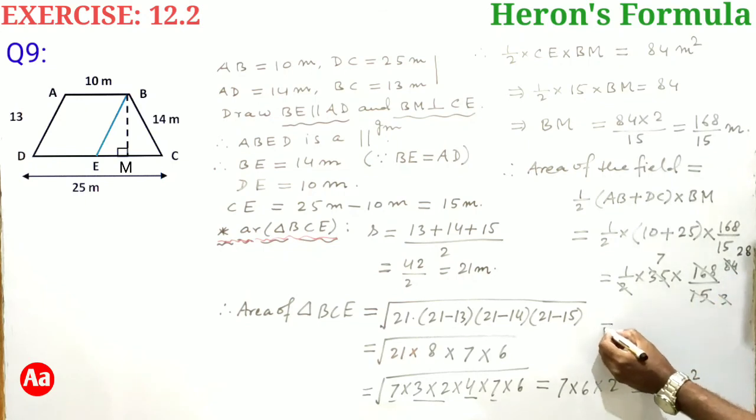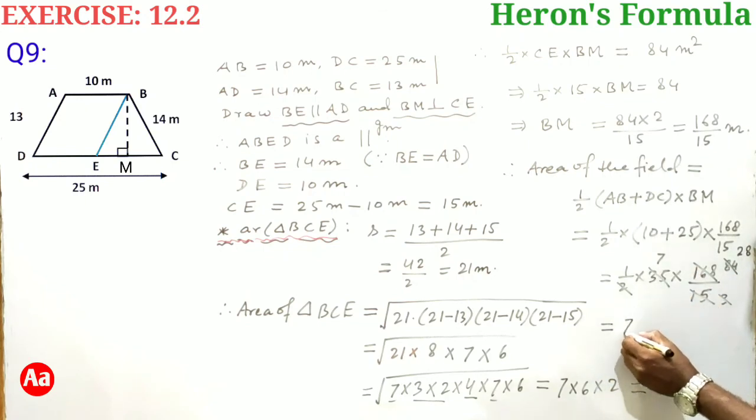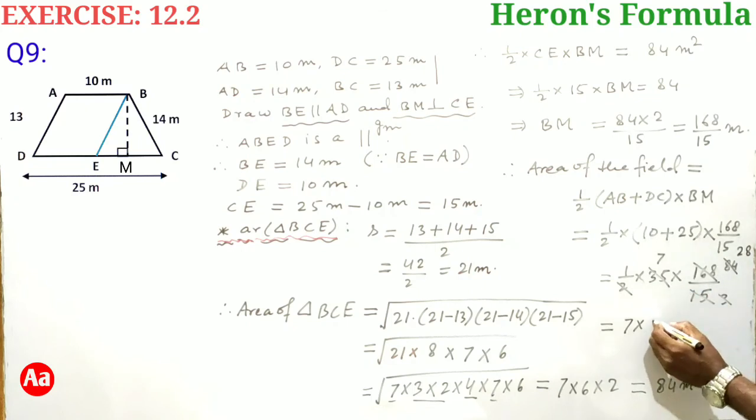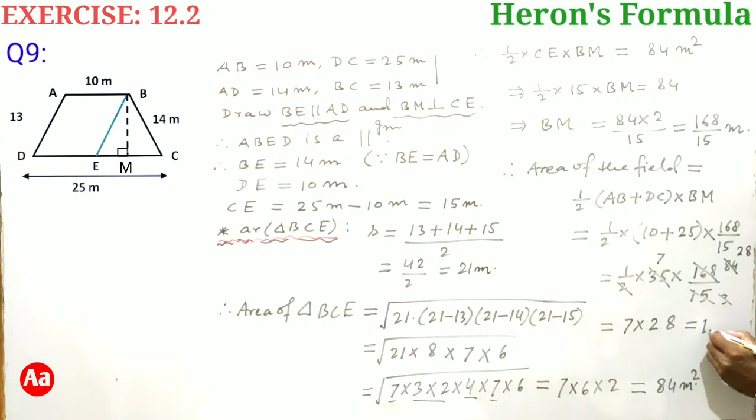So this is equal to 7 into 28, which is equal to 196 meter square, and this is the area of the field in the shape of trapezium.